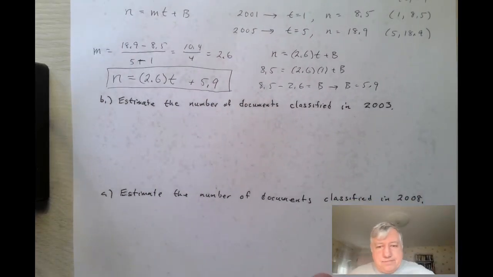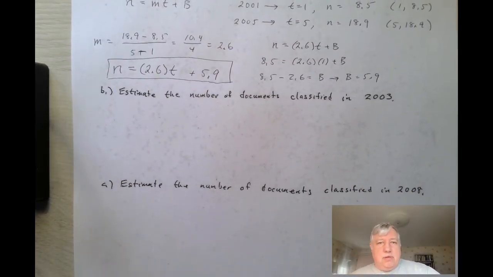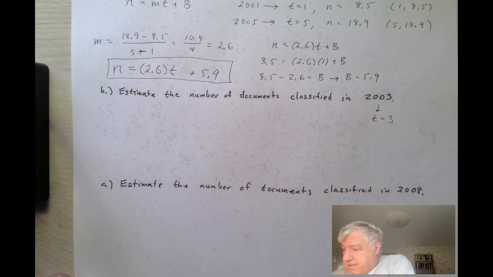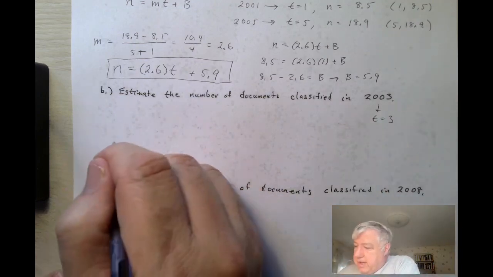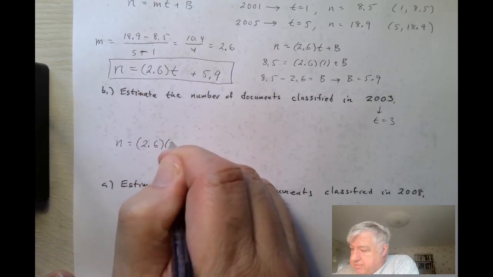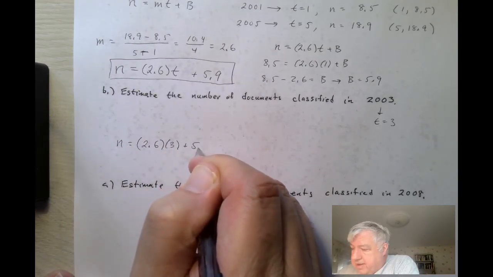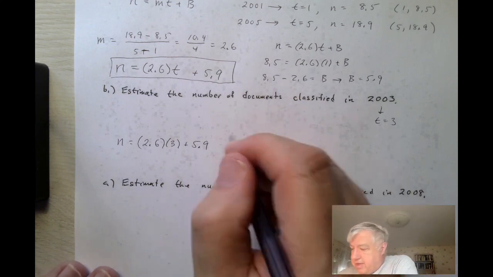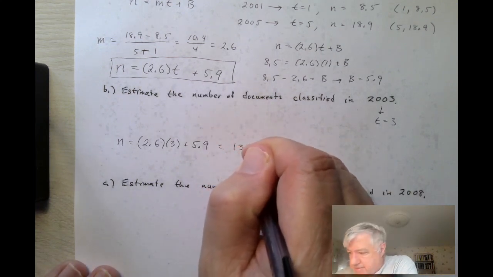All right. So now let's see if we use this to estimate the number of documents classified in 2003. Well, in 2003, that's 3 years after 2000. So n will be 2.6 times 3 plus 5.9, and this is equal to 13.7.